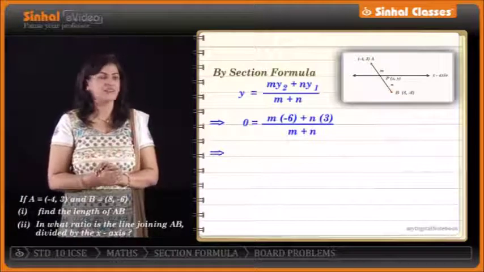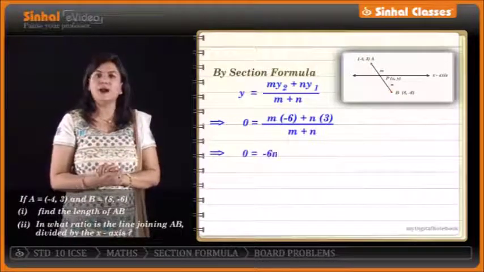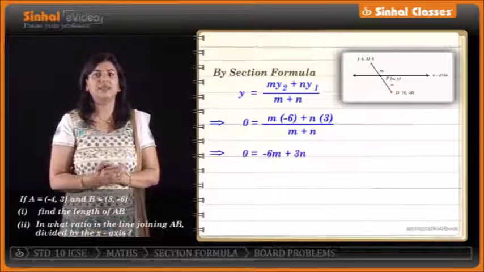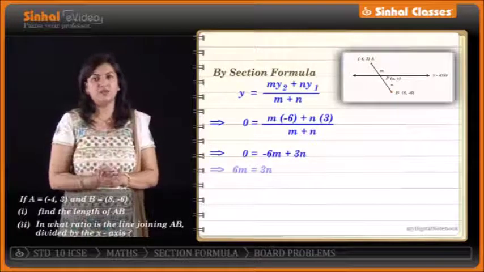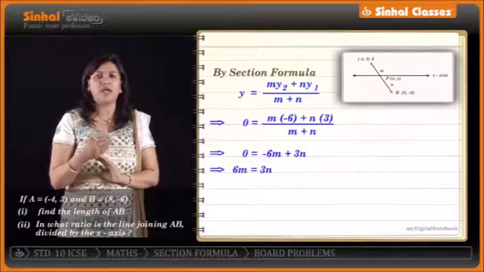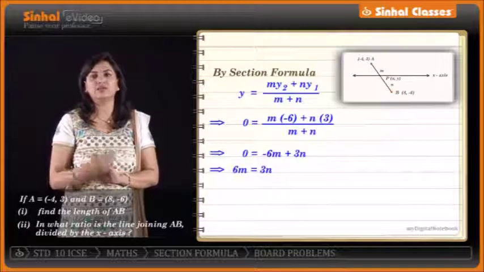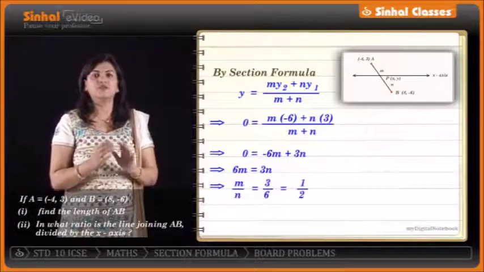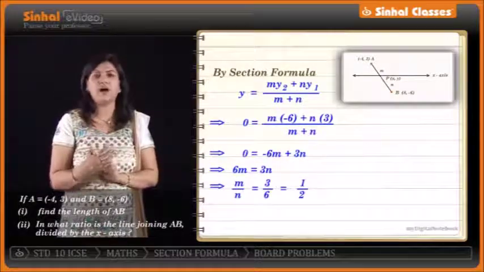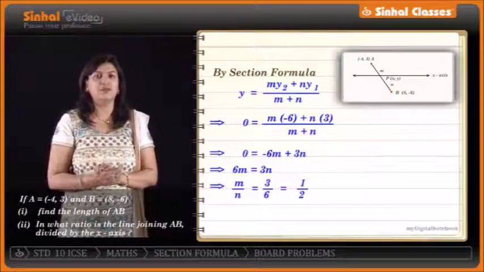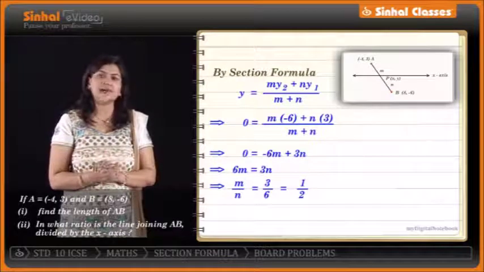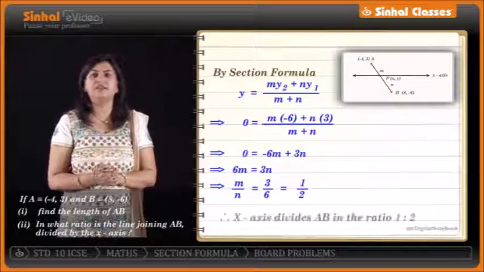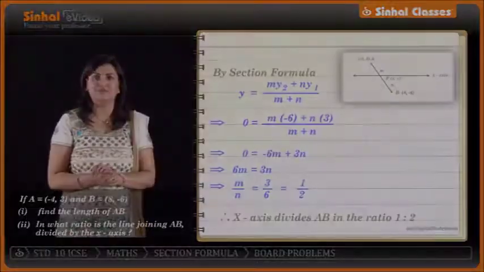So, we get 0 is equal to minus 6m plus 3n. That is 6m is equal to 3n. So, m upon n is equal to 3 upon 6, which is nothing but half. So, we've got the required ratio as 1:2. That is, the x-axis divides AB in the ratio 1:2.